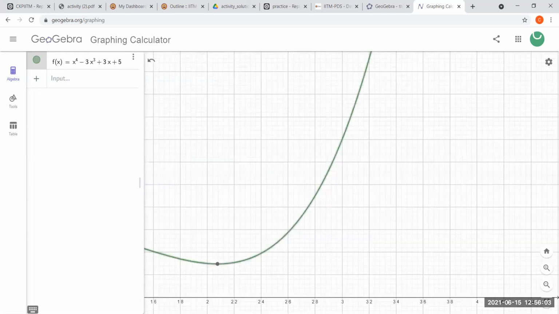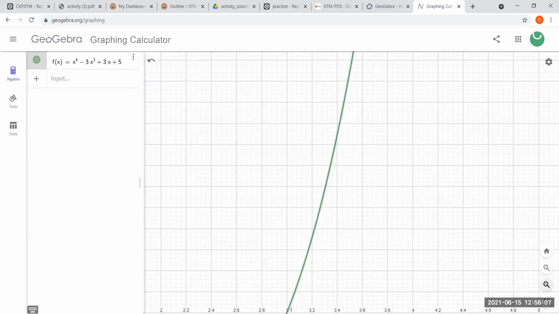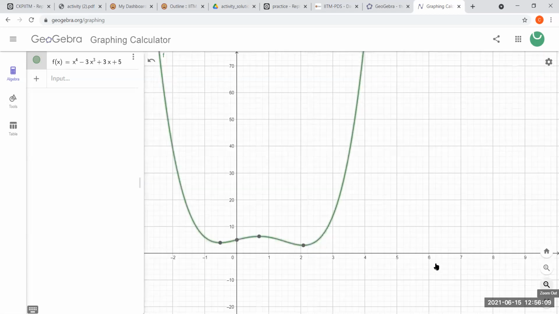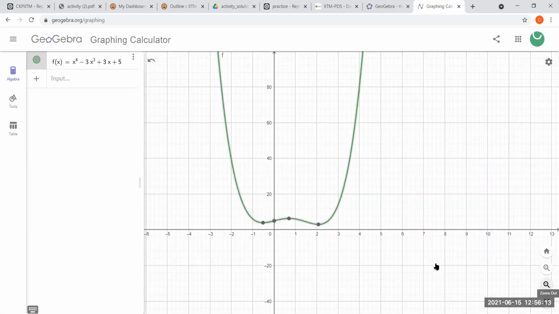Hello, will you repeat, sir, what you did just now? I'm just trying to search for the 3 by 2 part. See, the graph is quite nice. It's changing, the inflection is there, right? So 3 by 2 means how much? 1.5. So you can see at 1.5 somewhere here, which is difficult to open. I'll just show you.